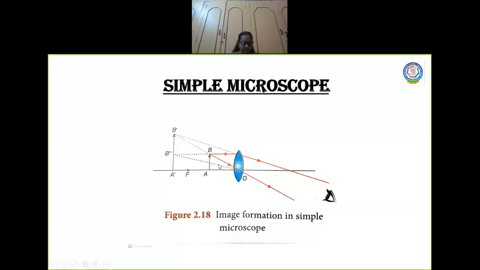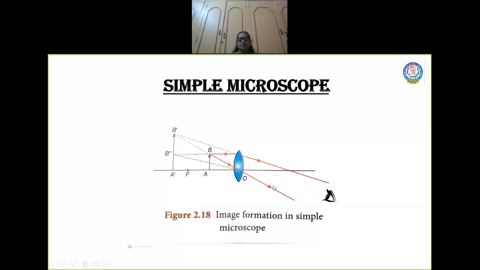Now you keep the object in between these. So the object is kept here, and your eye, whoever is observing, is placed behind the lens. Now what happens? As per this position of the object, let us take two rays here. One ray is parallel to the principal axis and passes through the focus, and the other ray passes through the optical center without deviation.